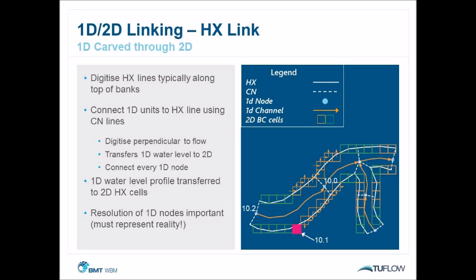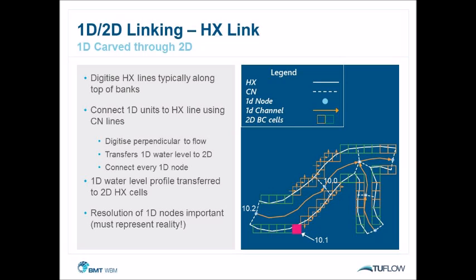So if that CN line was digitized further downstream or further upstream, you're effectively transferring the 1D water level incorrectly to the side of the riverbank. So those 1D water levels are linearly interpolated and assigned to the HX cells.